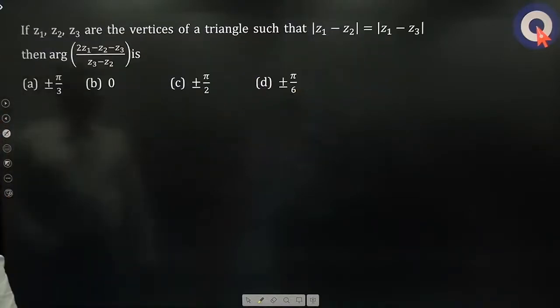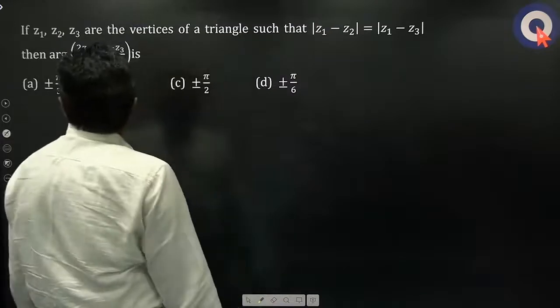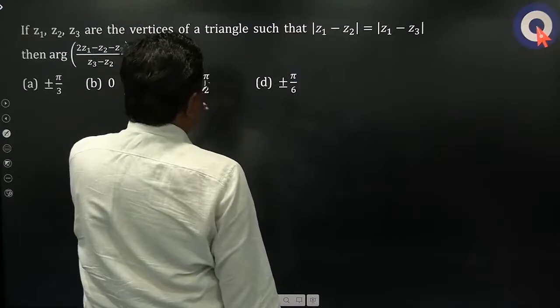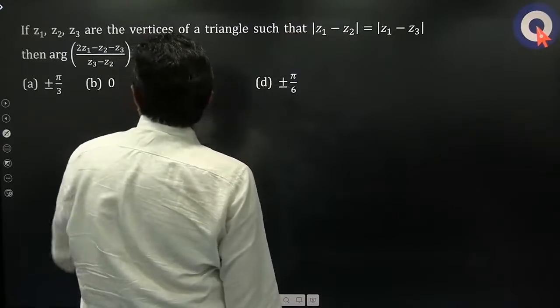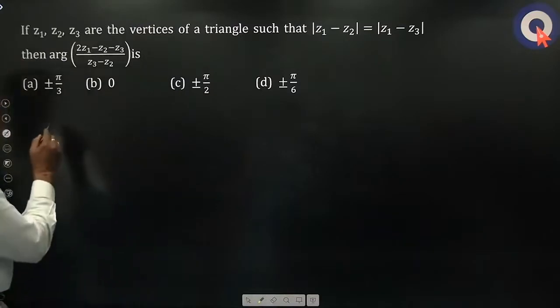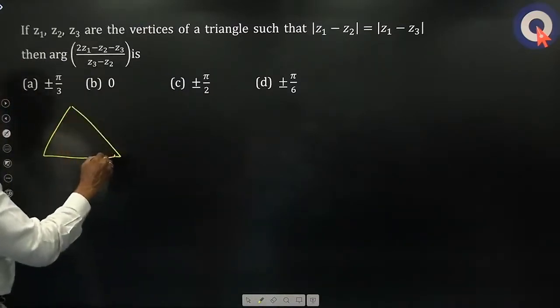Next, if Z1, Z2, Z3 are the vertices of a triangle such that mod of Z1 minus Z2 is equal to mod of Z1 minus Z3, then find the argument of (2Z1 minus Z2 minus Z3) by (Z3 minus Z2). All right. So we shall consider a triangle.